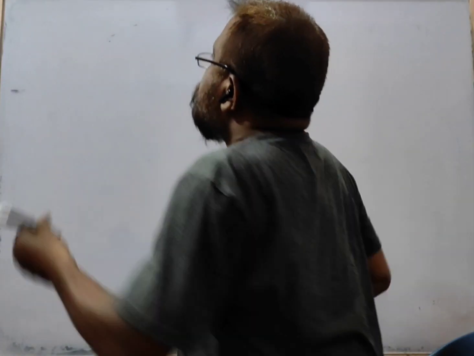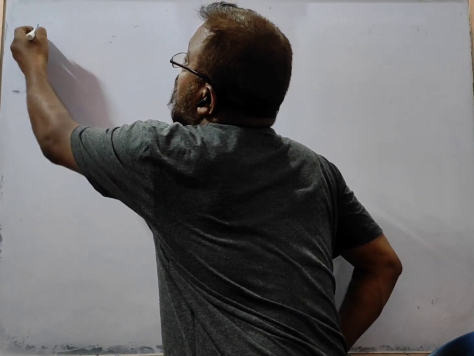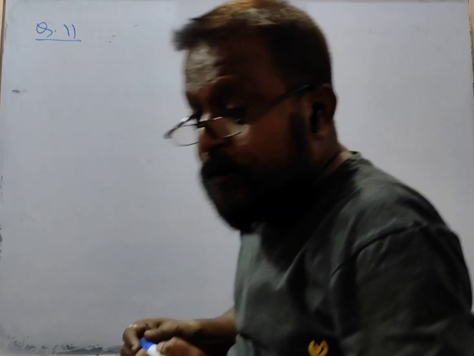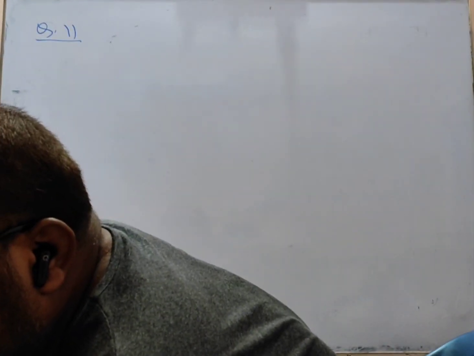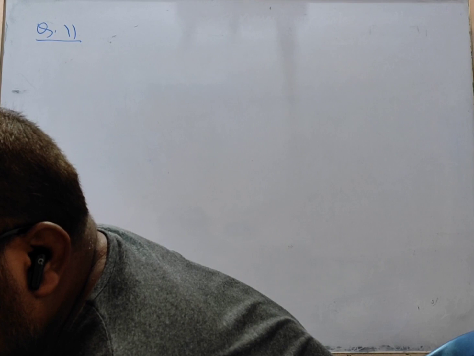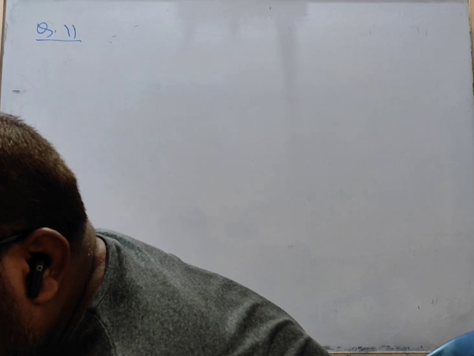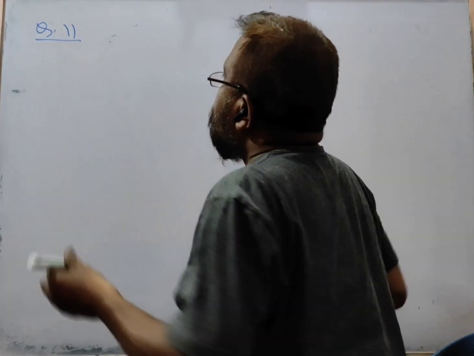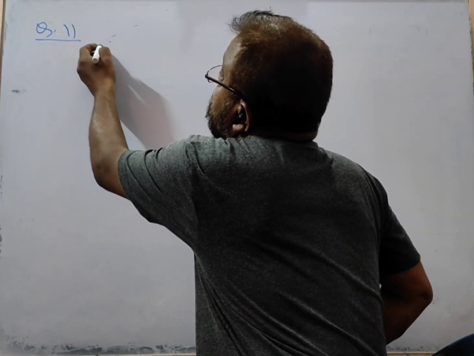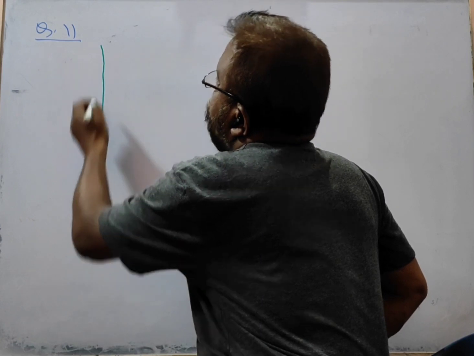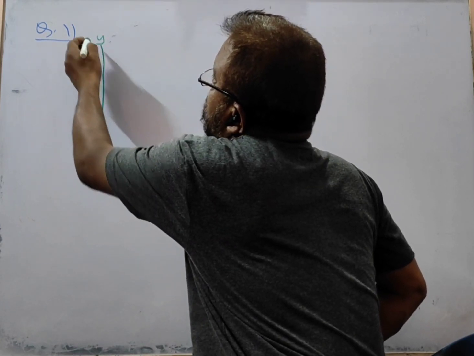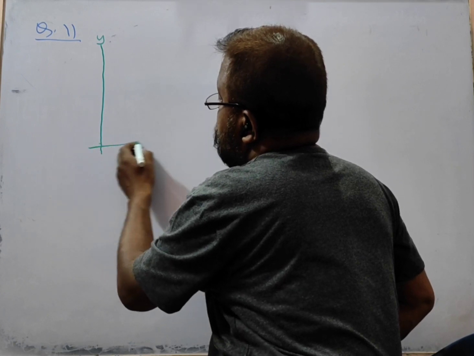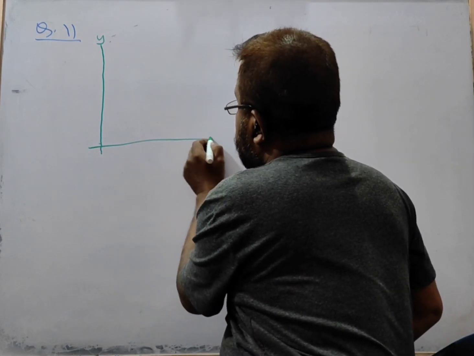Okay. So there is question number 11, which says that a point P lies on the x-axis and another point Q lies on the y-axis. Again, we have coordinate axes. Say this is y and this is x.